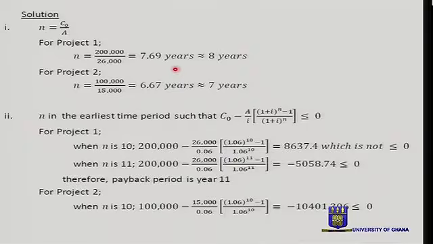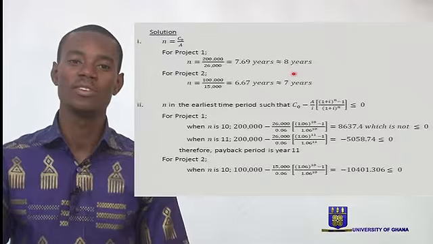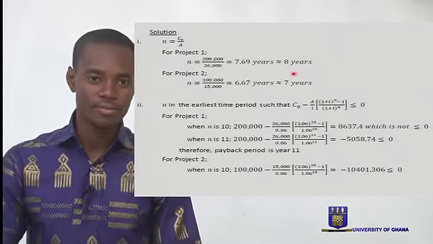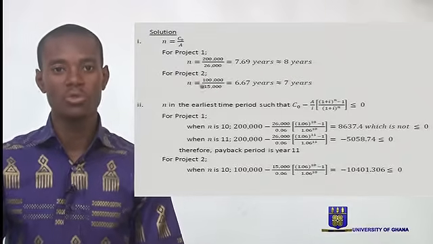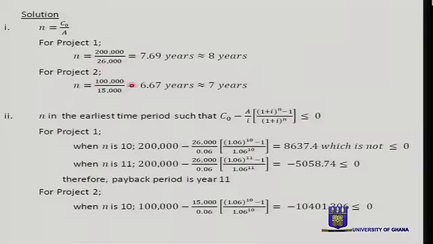So we are saying that without considering the time value of money, by the 8th year we would have recovered our initial investment of 200,000, and the subsequent years will be making profits for us. We do the same for project 2: 100,000 divided by 15,000, which gives 6.67, or approximately 7 years.